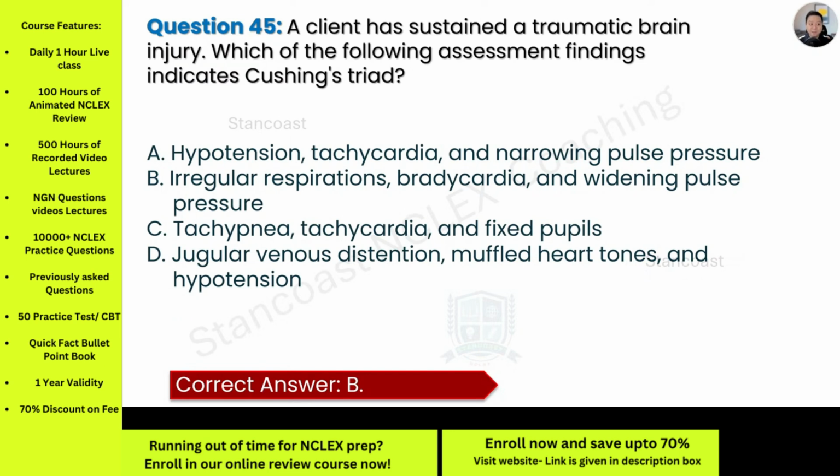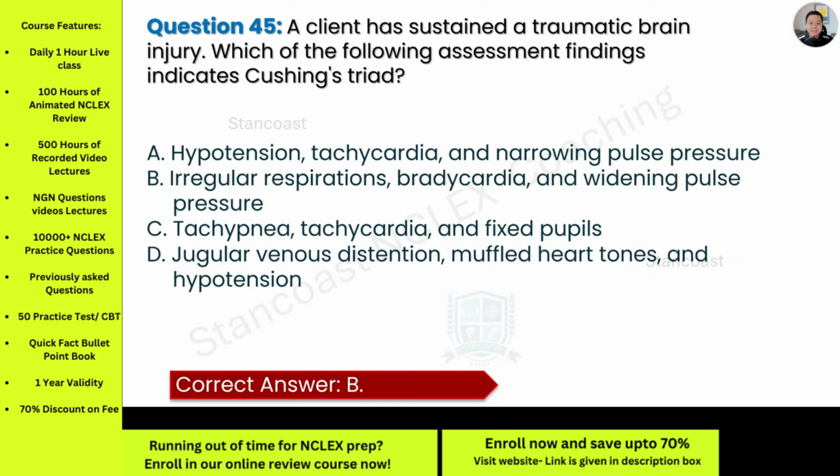But the fixed pupils indicate the severe brain damage and brain herniation. But the tachypnea and tachycardia are not components of the Cushing's triad. The tachypnea may result from metabolic acidosis or other causes, but does not reflect increased ICP.